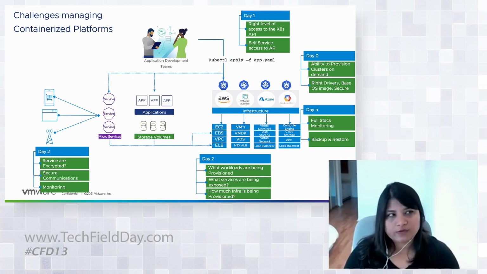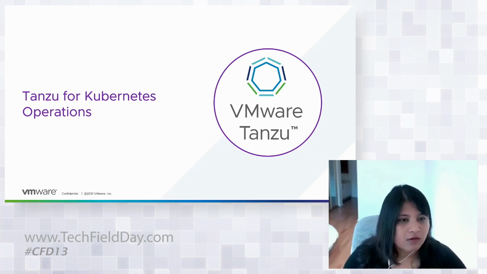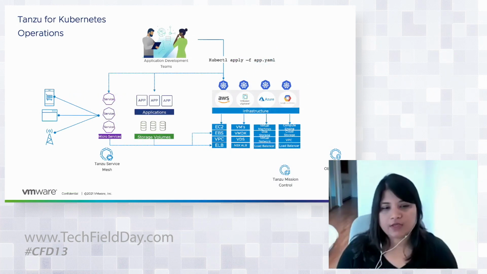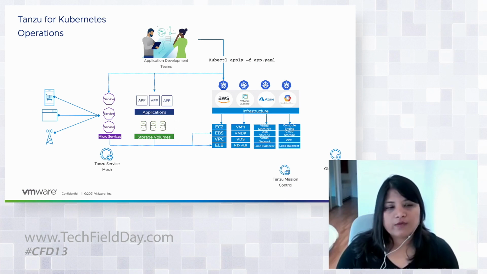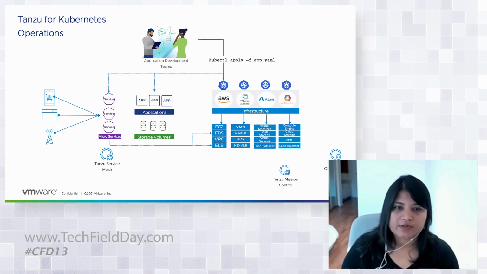And with Tanzu for Kubernetes Operations, we are hoping to solve a lot of these day-to-day issues for a platform team that is running, creating, and managing that Kubernetes runtime. Now, how are we doing that? We are hoping Tanzu for Kubernetes Operations will be an integrated solution that picks up a lot of existing technologies that VMware has, but gives an integrated experience.